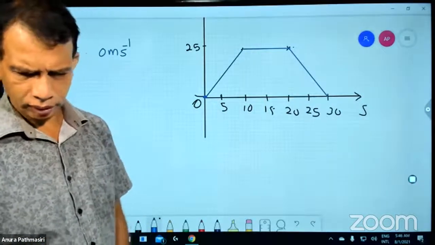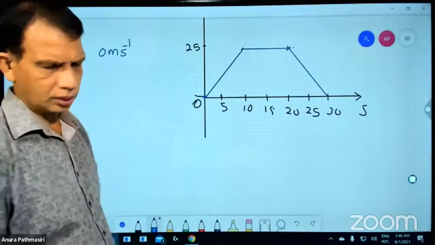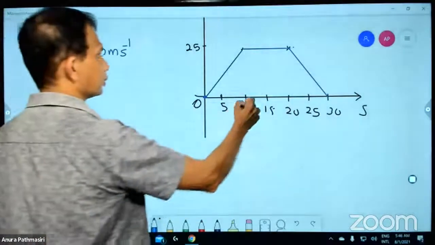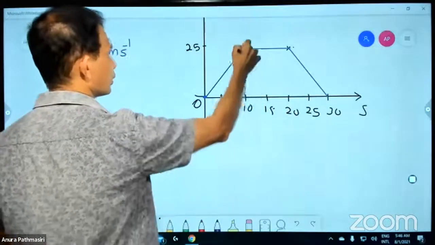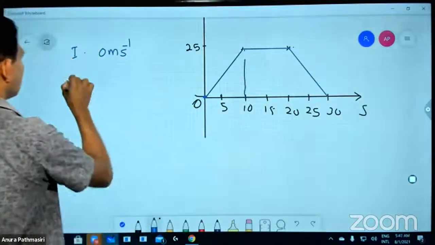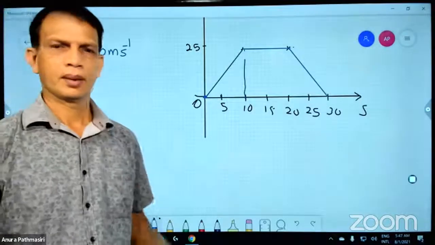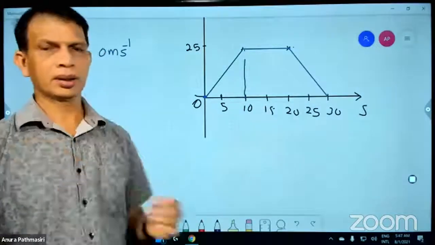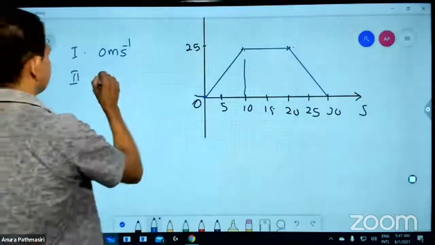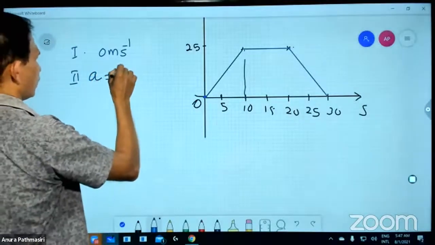Find the acceleration of the object within 0 to 10 seconds. What equation should I write? Acceleration equals gradient, equals change in y divided by change in x.